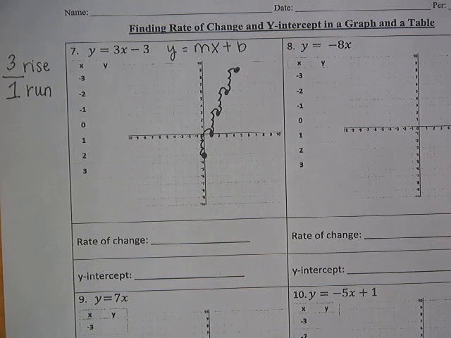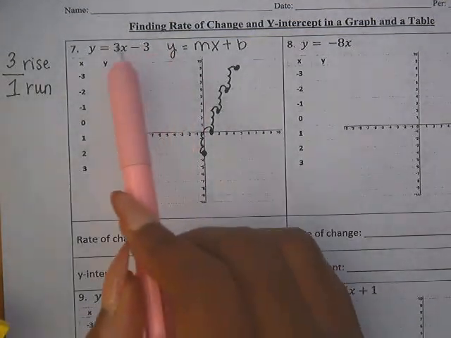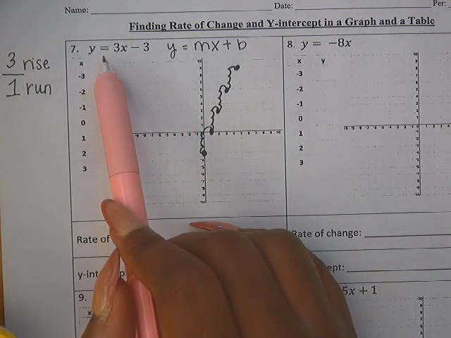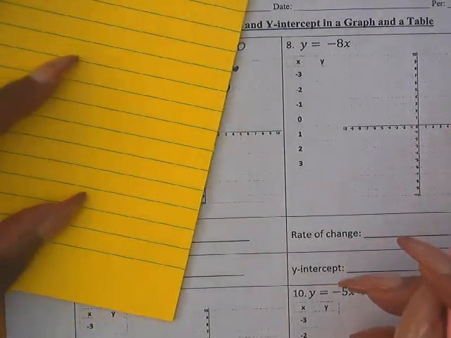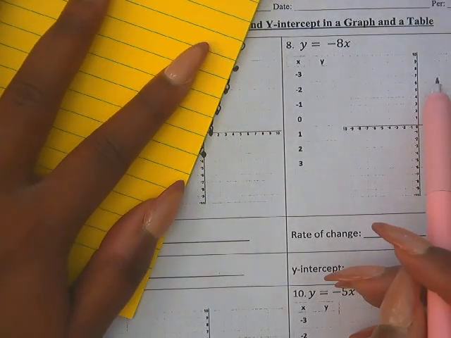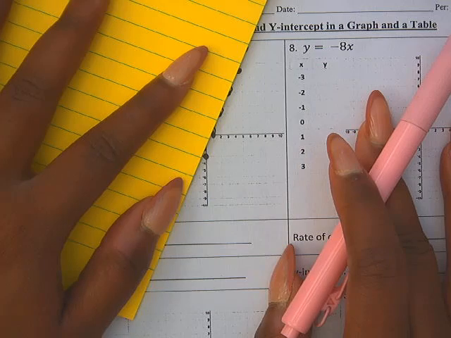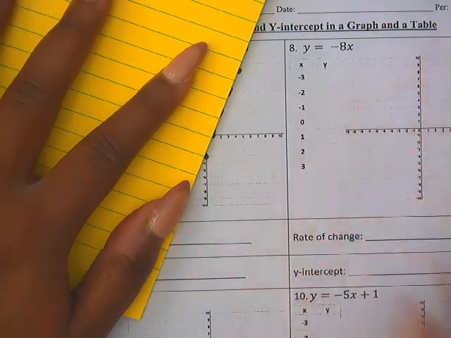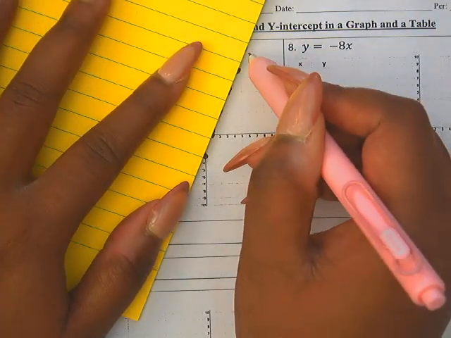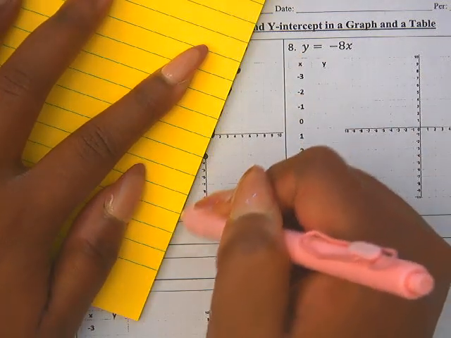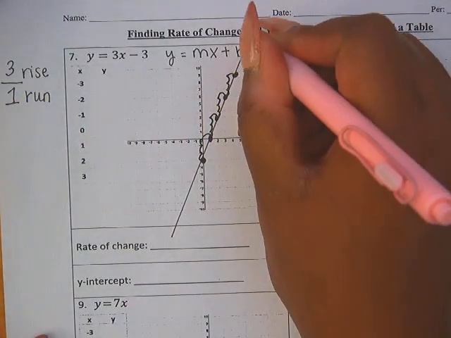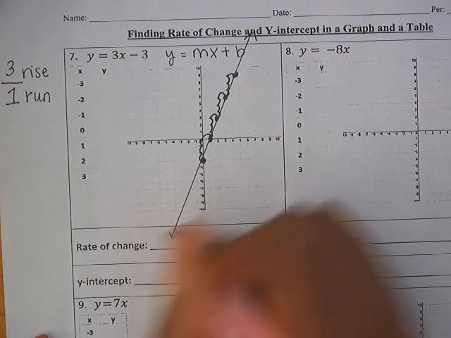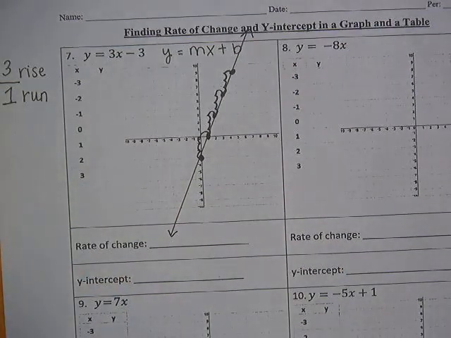At that point, take some type of straight edge and connect the dots. We know this will be a solid line because of that equal sign. It's okay if your line is a little bit off because we're not a computer.